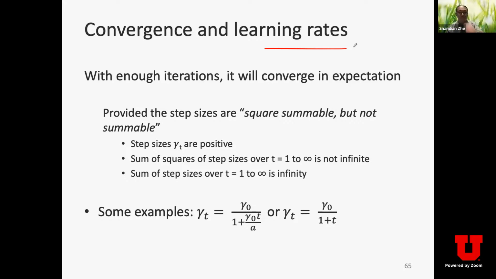If your step size is gamma t, which includes the series of gammas, gamma 1, gamma 2, gamma 3, and so on, and they satisfy the following conditions, then the stochastic subgradient descent framework will converge in expectation. That means it will converge with probability 1. So let us look at what kind of conditions.